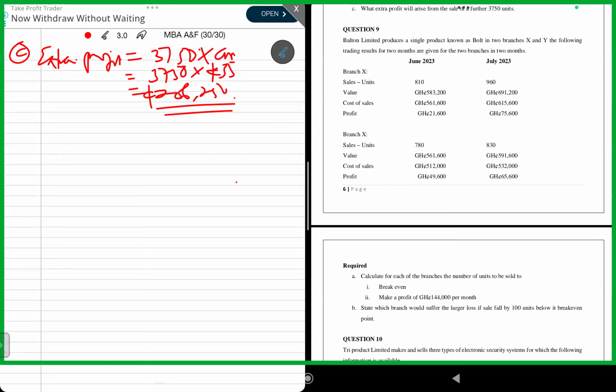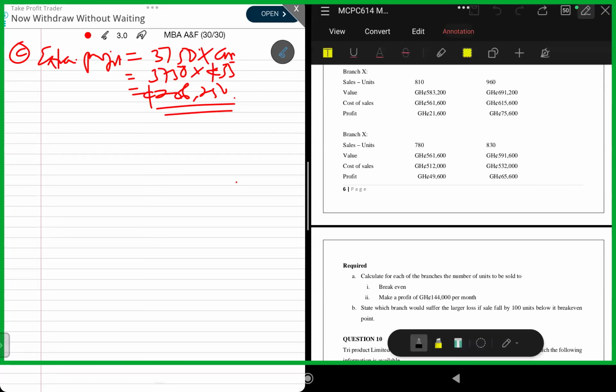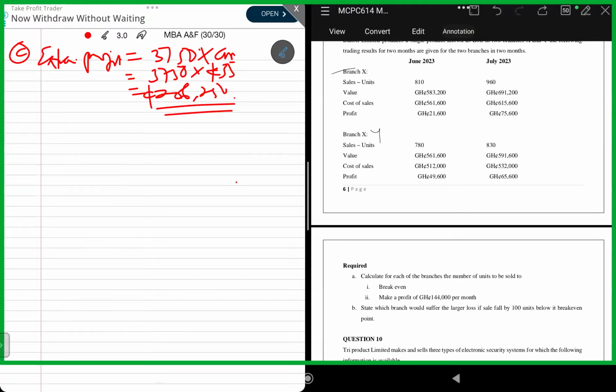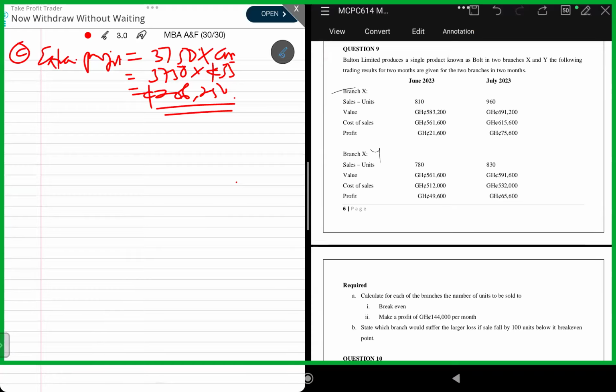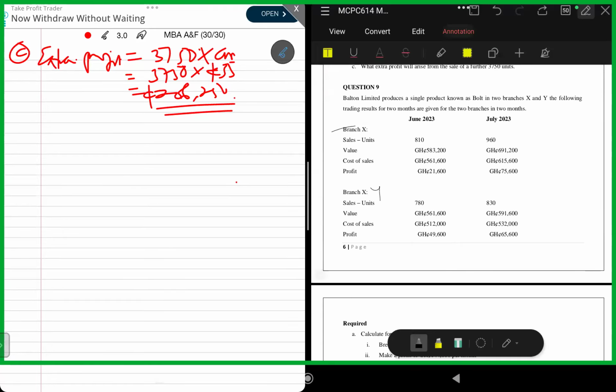All right, so what comes to mind? Now, there was a mistake here. This branch X should be branch Y, because it says calculate for the branches the number of units to be sold. Let me see what it said. Okay, start reading from the top.